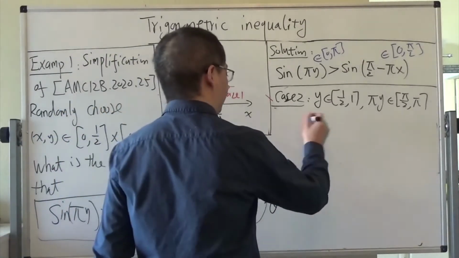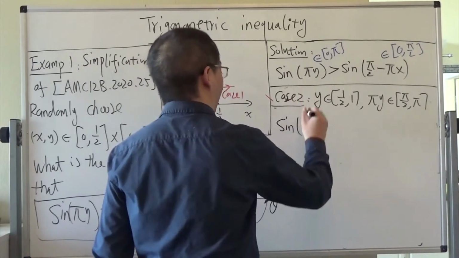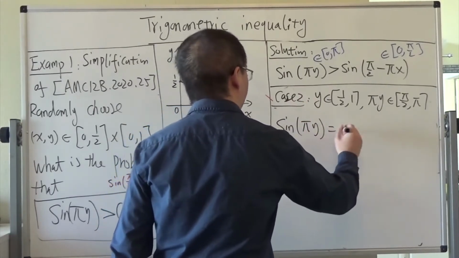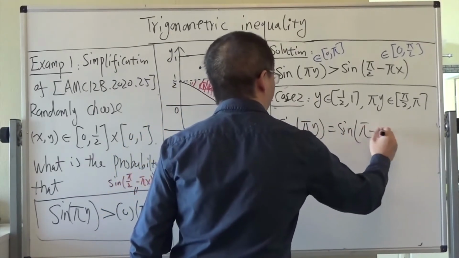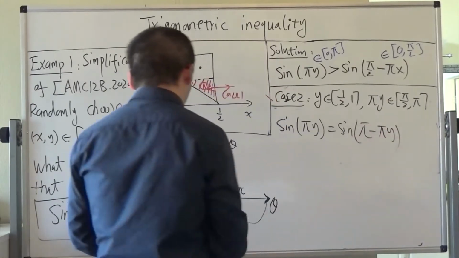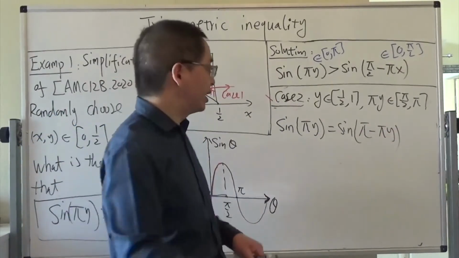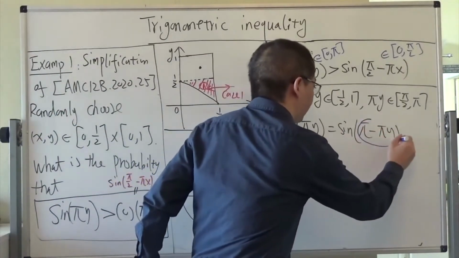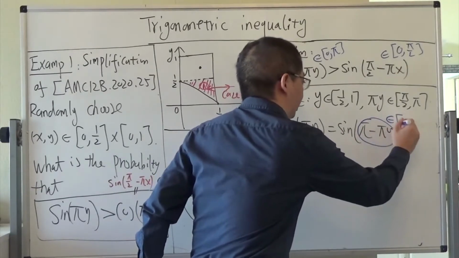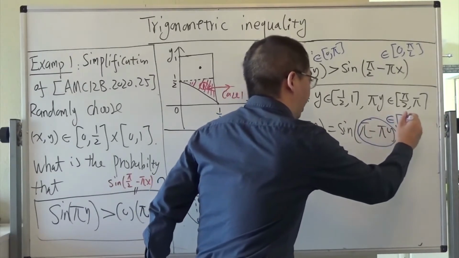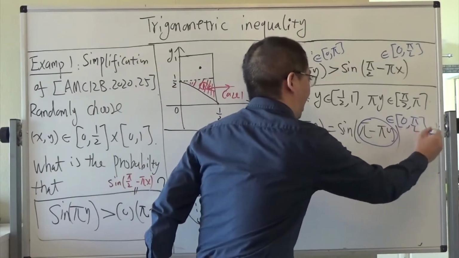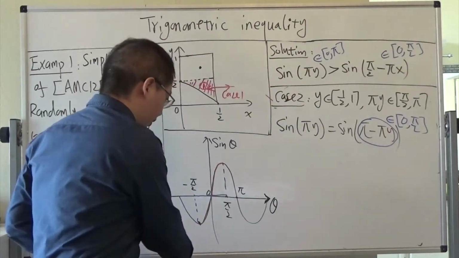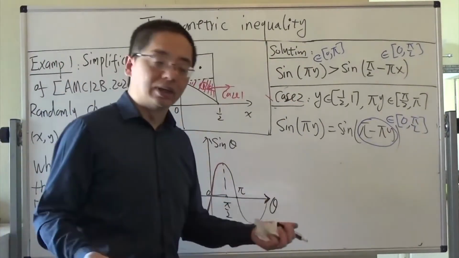I'll use sine pi y equals sine of pi minus pi y. Then pi minus pi y belongs to 0 to pi over 2, which is within this nice region.